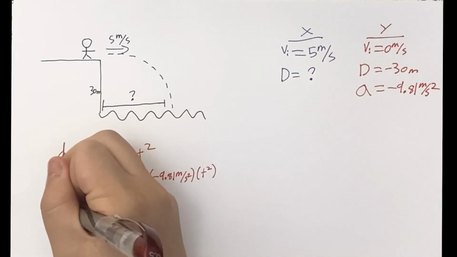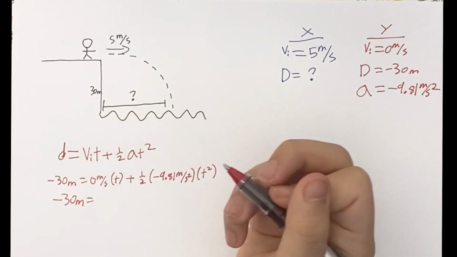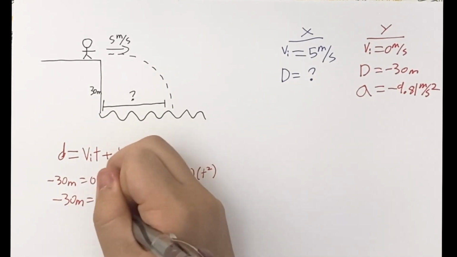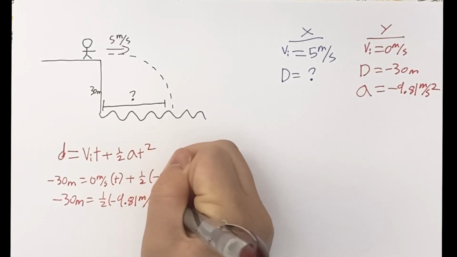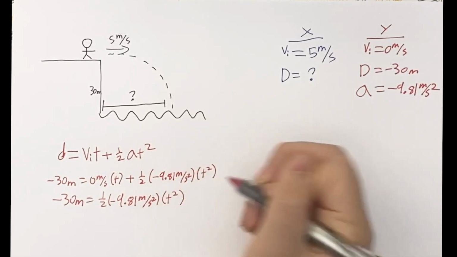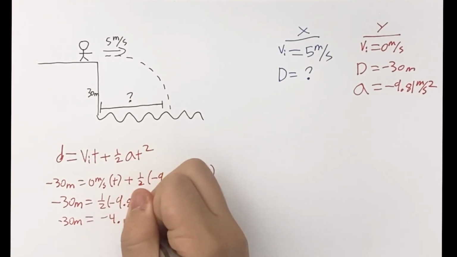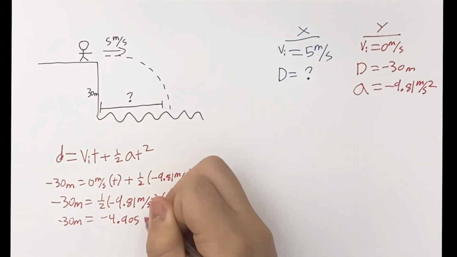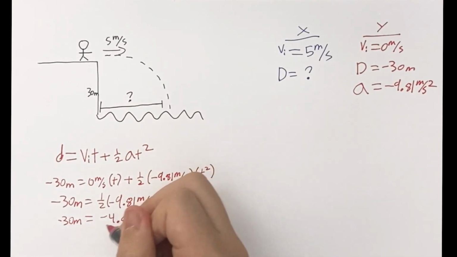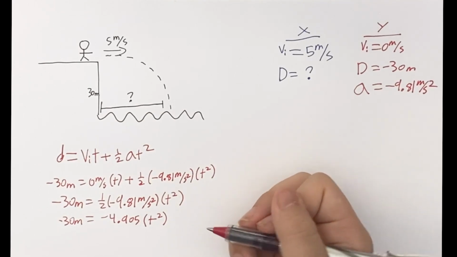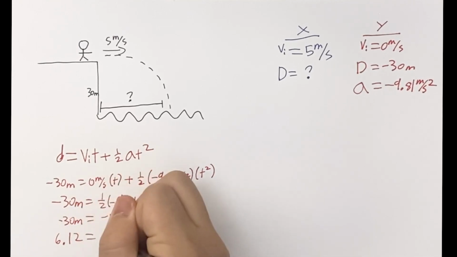So we can simplify this as negative 30 meters is equal to, these cancel out since time times 0 will be 0, and 1/2 times negative 9.81 meters per second squared times time squared. And this is equal to about negative 4.905 times time squared. So if we divide both sides by negative 4.905, we get about 6.12 is equal to time squared.